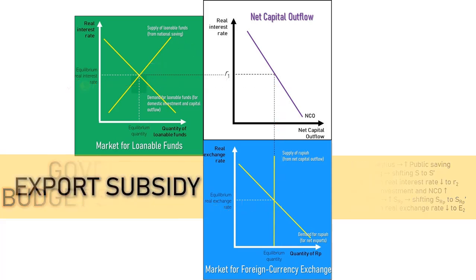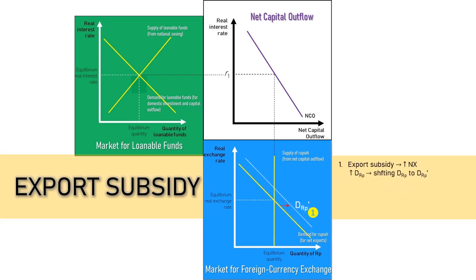How about the second case? Suppose now the government provides a subsidy for CPO export. And here the process will be shorter than before. Because of the export subsidy, as we can observe from the blue diagram, net export will increase, leading to the shift of the demand curve to the right to DRP prime, and it results in a higher real exchange rate at E2.